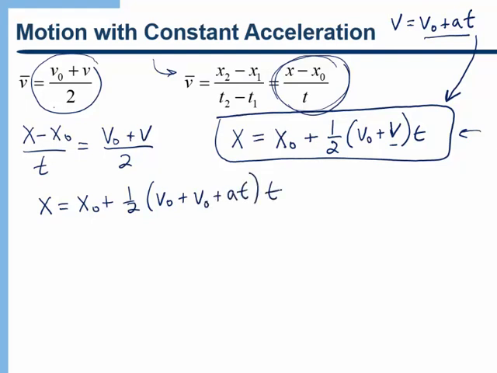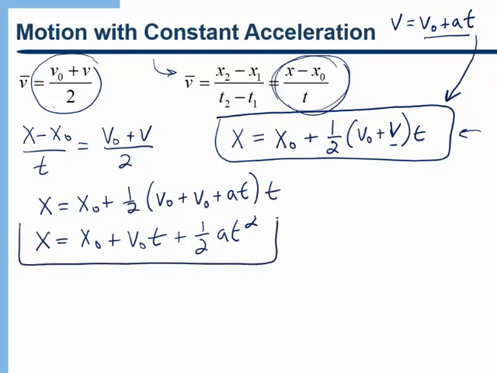And then I still have a t out here. Doing a little bit more algebra, I get x is equal to x naught. Notice I have two v naughts inside the parentheses times 1/2, so I just get v naught t with that t on the outside. And then I have 1/2 at squared. And that is our third of the 4 kinematic equations.